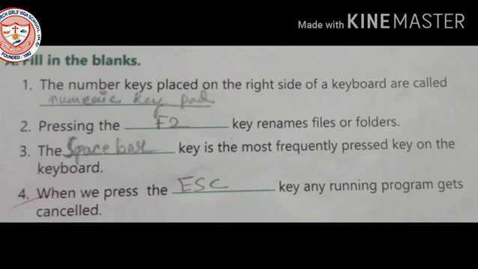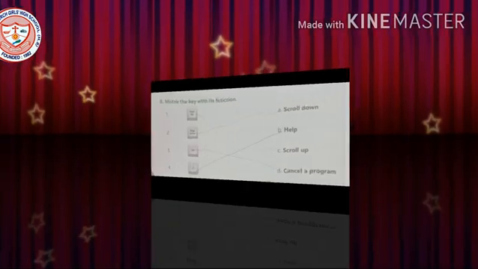The spacebar key is the most frequently pressed key on the keyboard. Number 4. When we press the escape key, that is ESC, you have to write it in capital letters, or you can write escape in full, any running program gets cancelled.